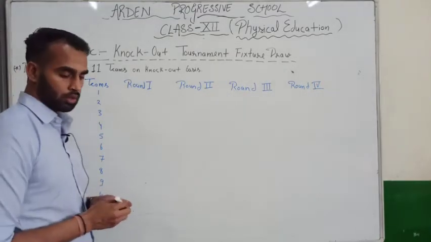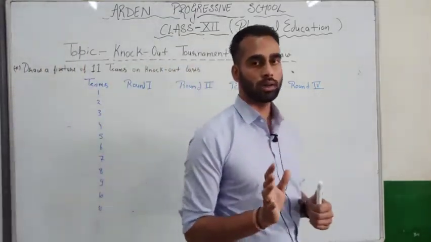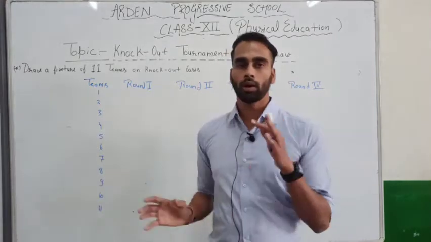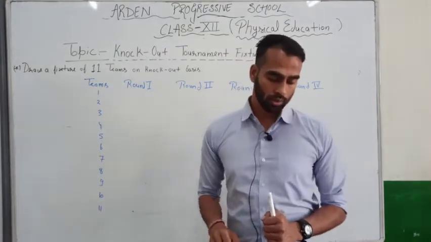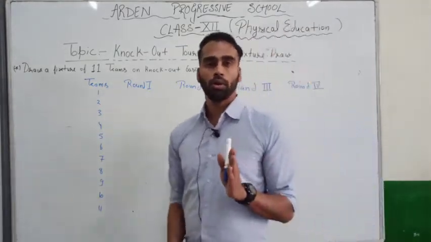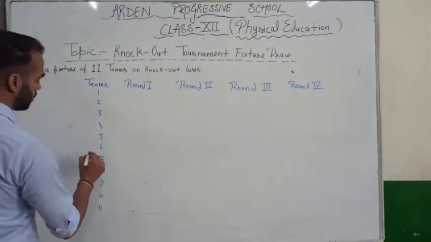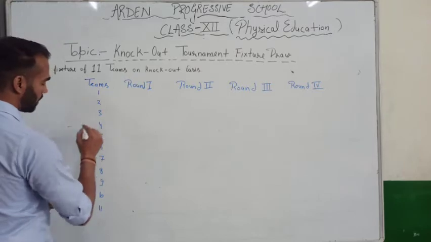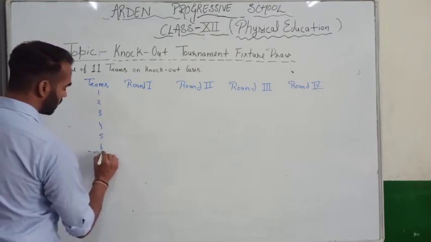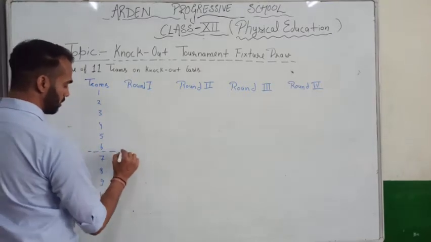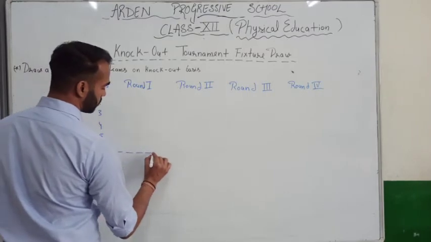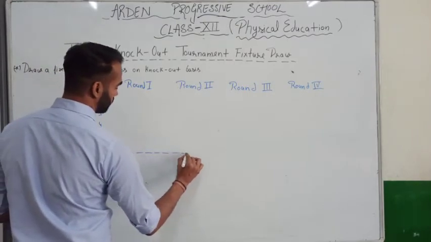Second, we divide the whole set of teams into upper half and lower half. In the upper half the total number of teams is 6. We just draw a dotted line or a single line to separate the upper half and lower half.